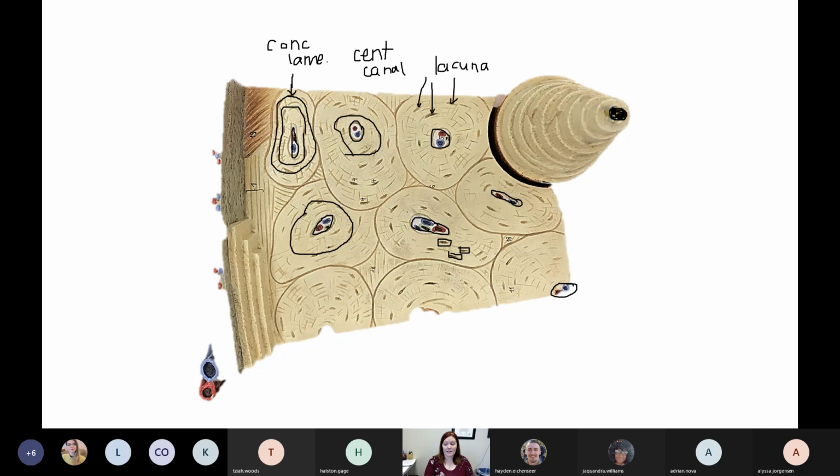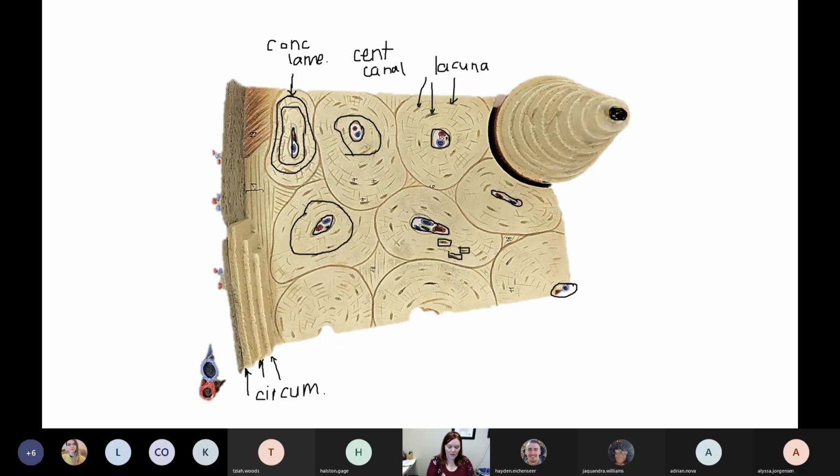I also put some cells in lines on the outside of my bone tissue. So when I put cells in lines on the outside of the bone tissue, I have a different name for those. Those are called circumferential lamellae. So I'm not going to write that whole word, but I will type it for you.